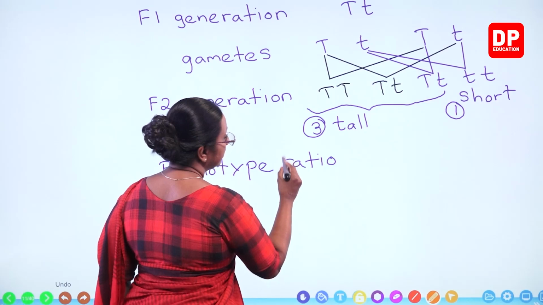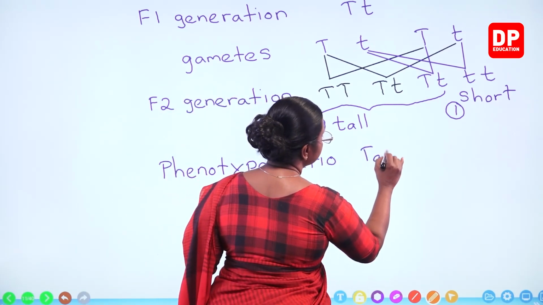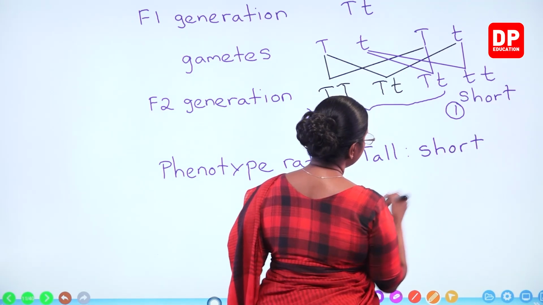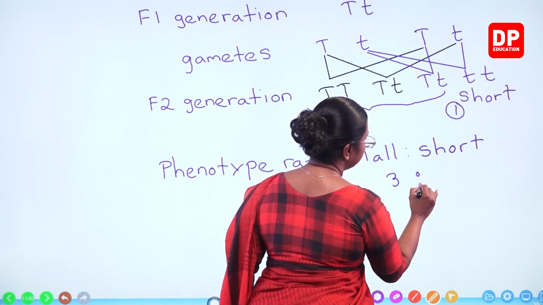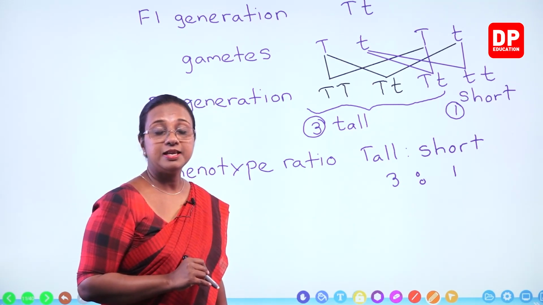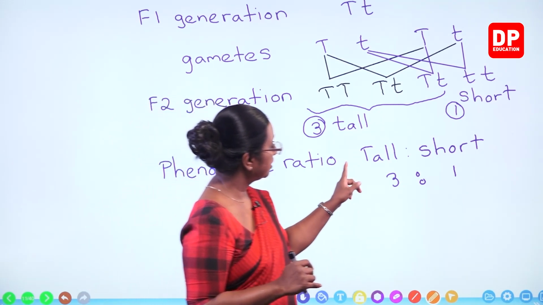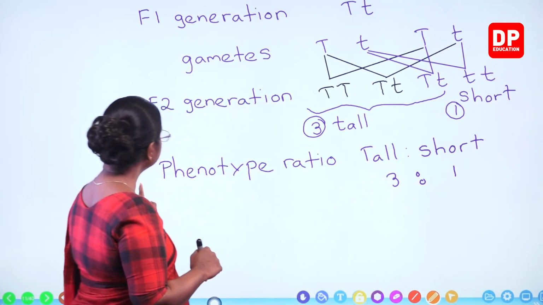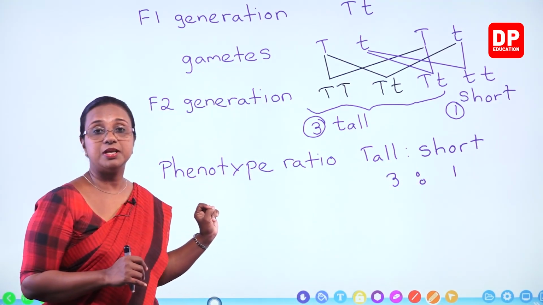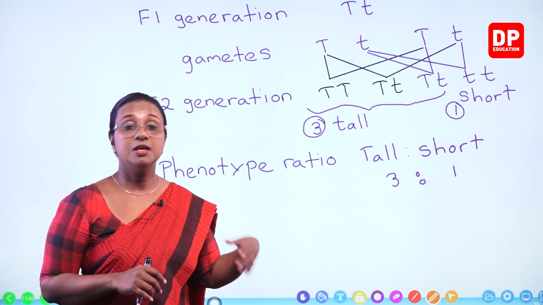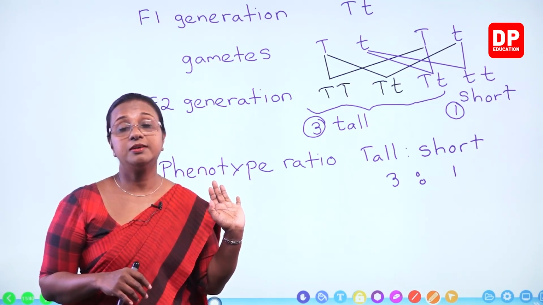Phenotype ratio, that is tall is to short. And that is going to be 3:1. That is the ratio of the second generation. Tall is to short, 3:1. This is known as the phenotype ratio. Phenotype means the characters that are expressed. Tall character, short character.